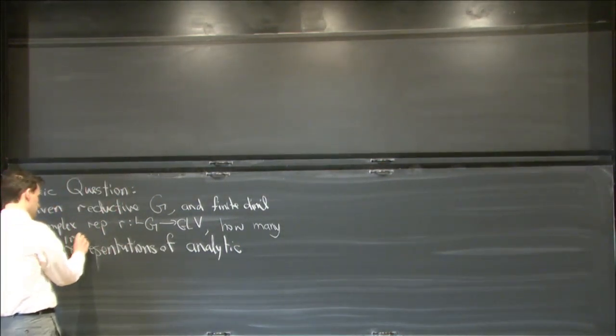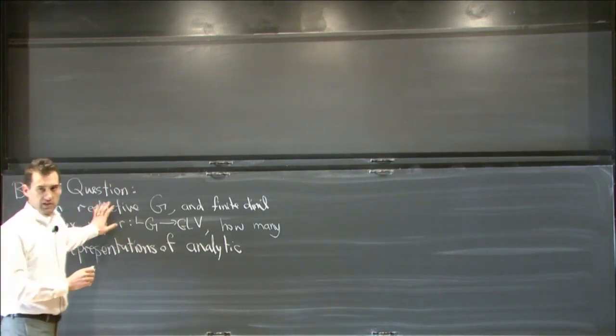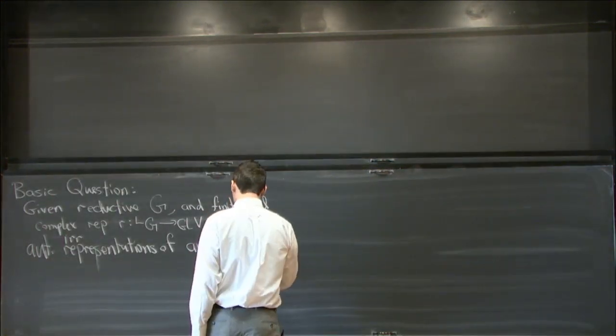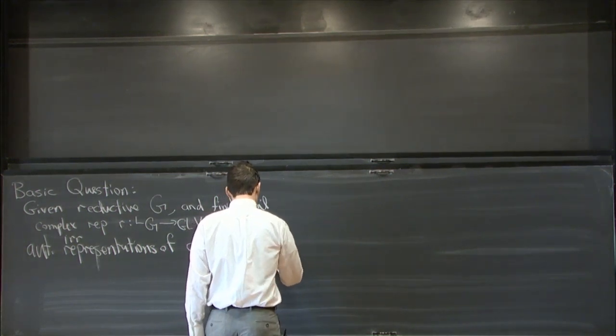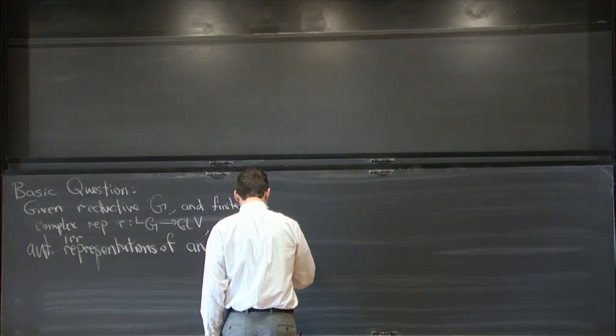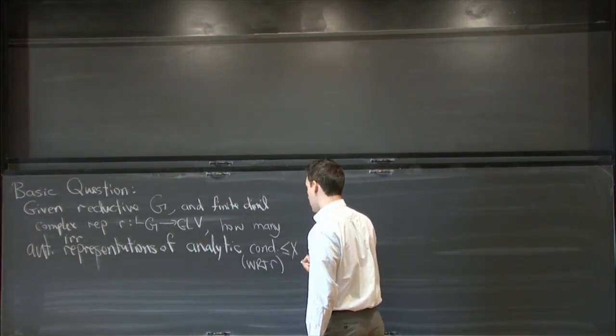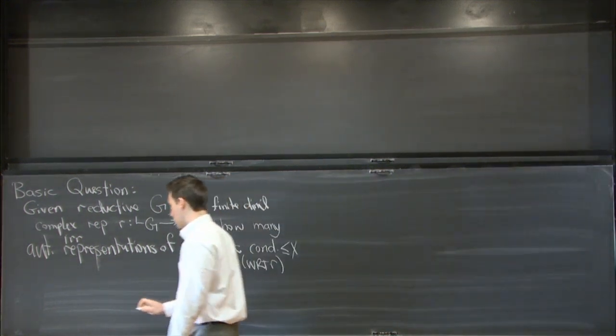So let's say irreducible. So the talk will be about a special case of this. This is just kind of a vague statement for starters. Conductor, so this is analytic conductor with respect to R. So analytic conductor less than X. How many are there?